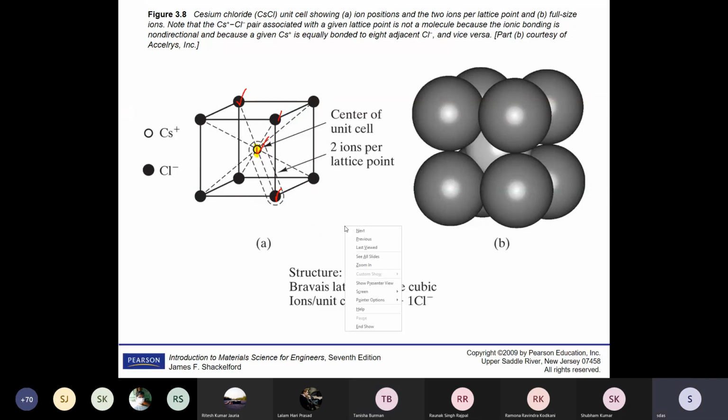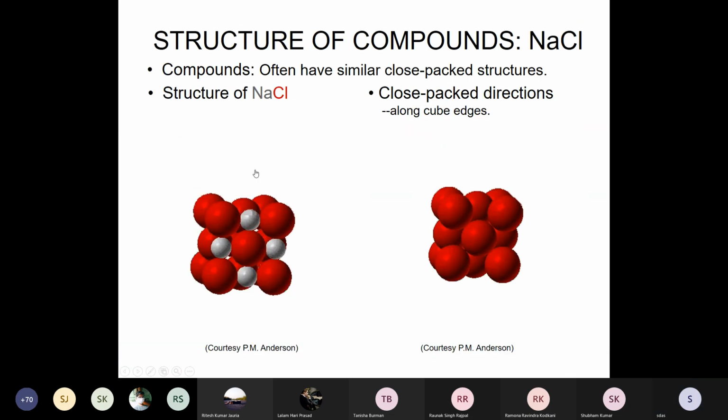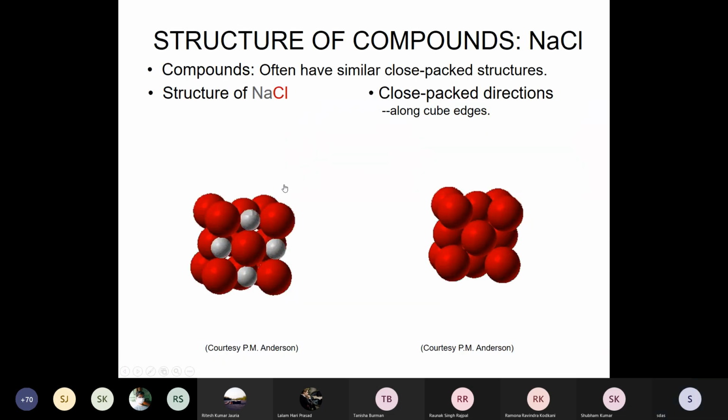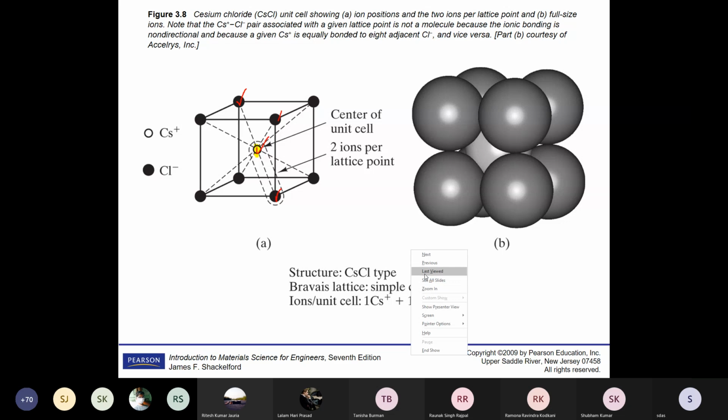So what happens in this structure? I take a pair of ions. This pair, one pair of atoms.